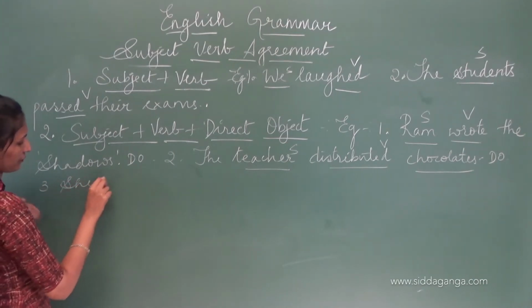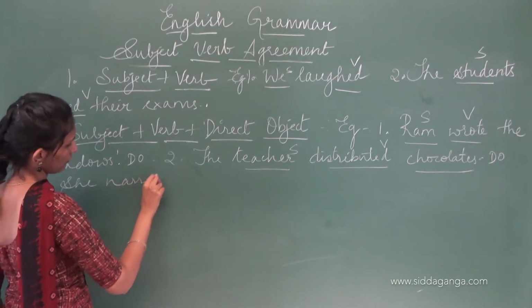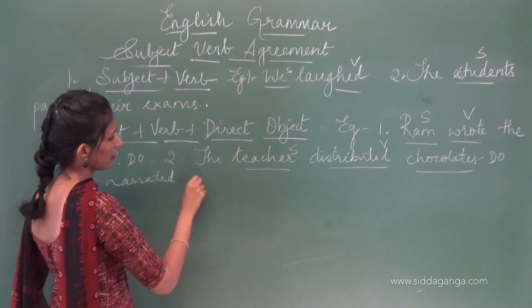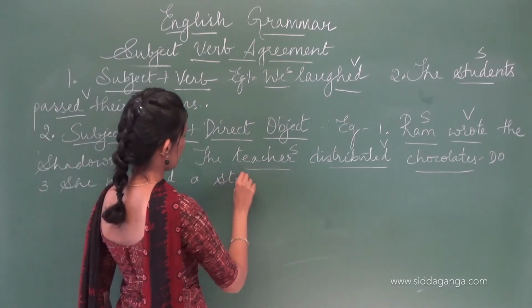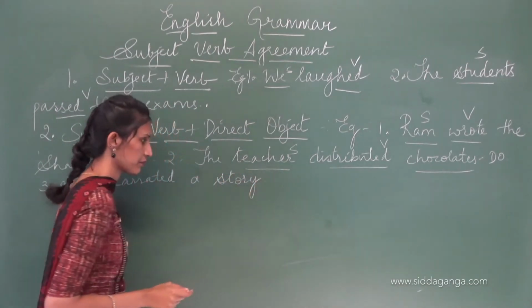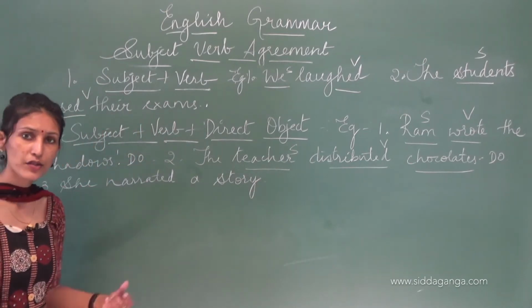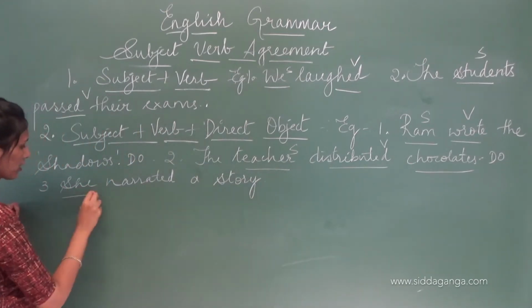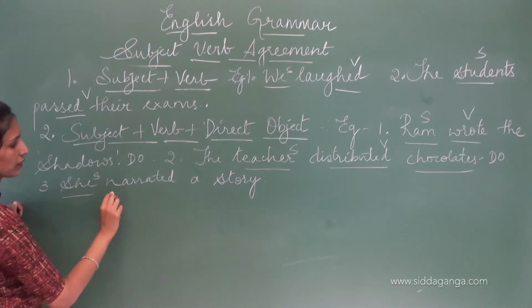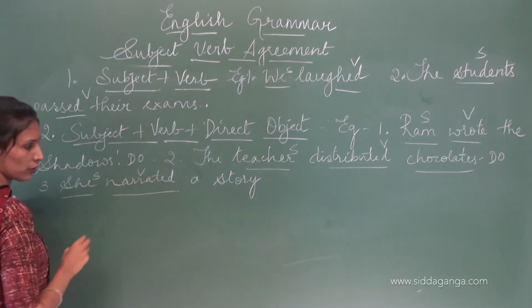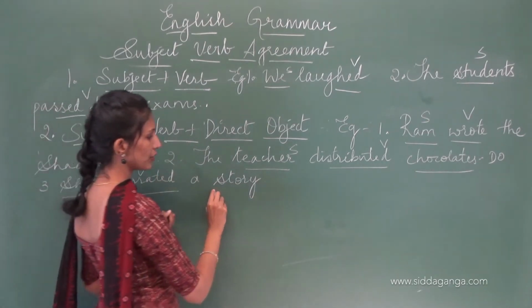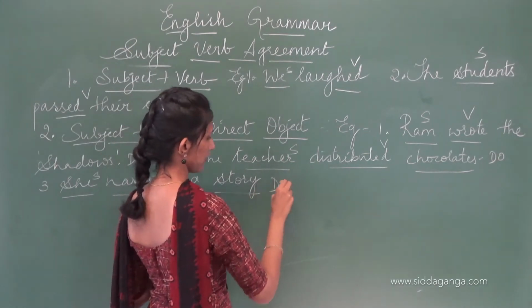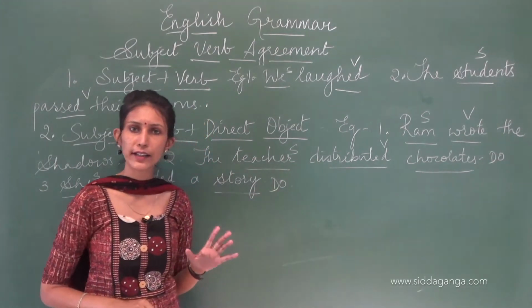She narrated a story is the next example. She becomes the subject, you know. Narrated becomes the verb also, you know. Now, you also know that story is the direct object.